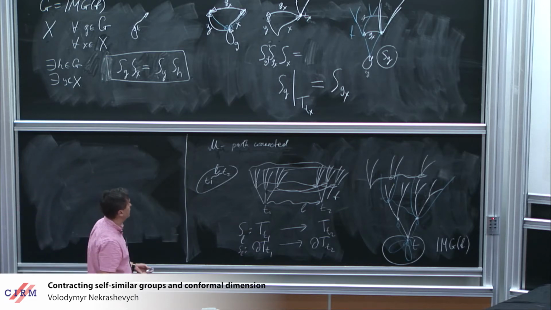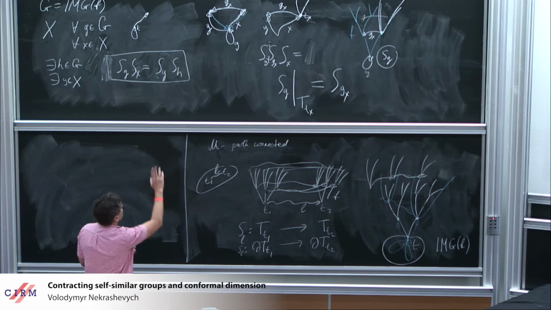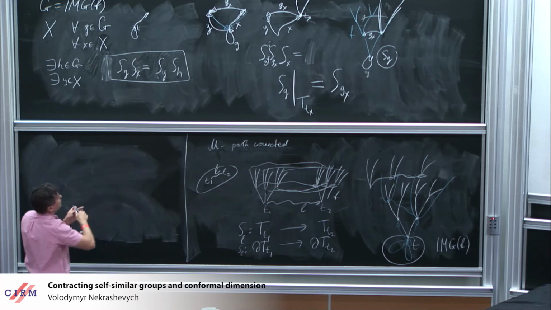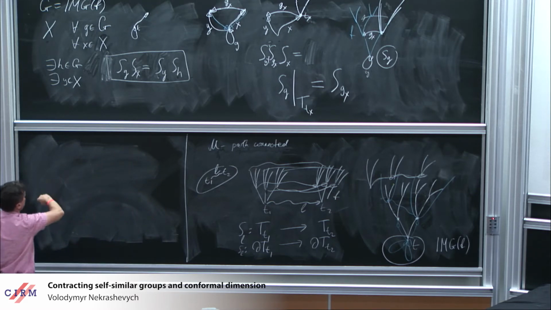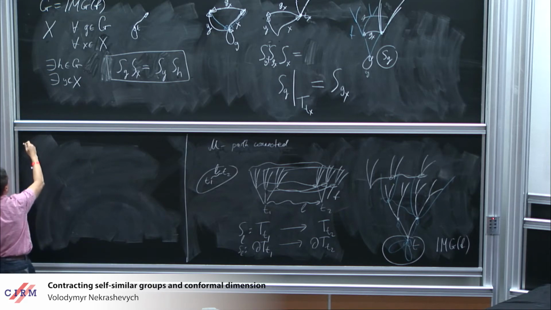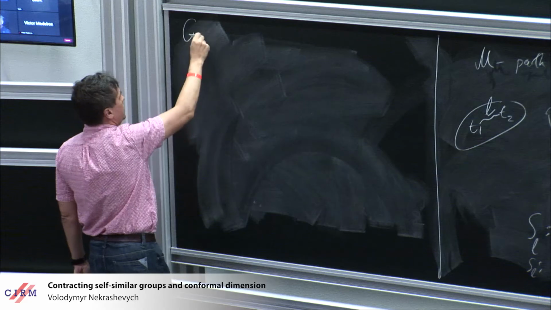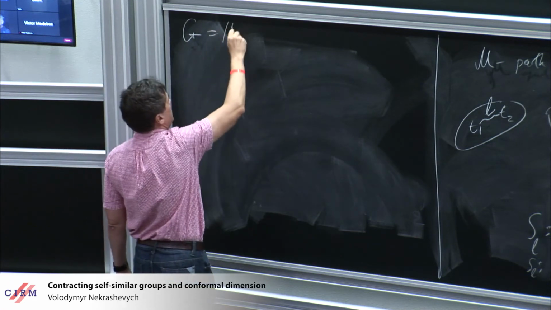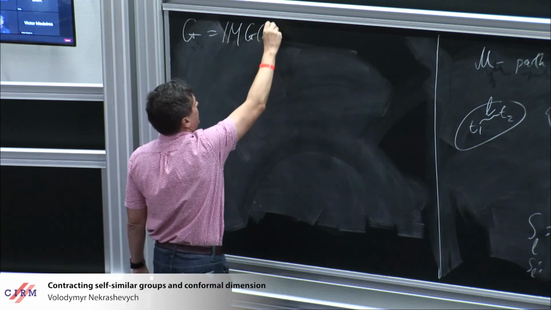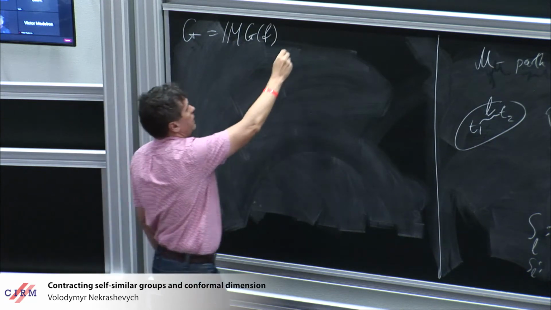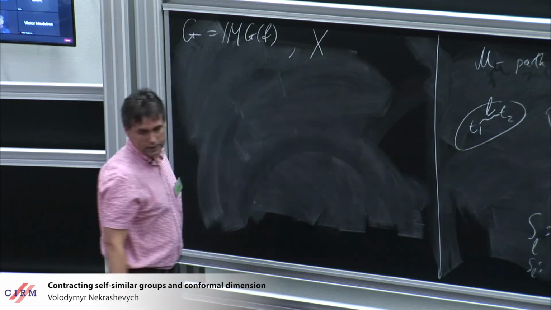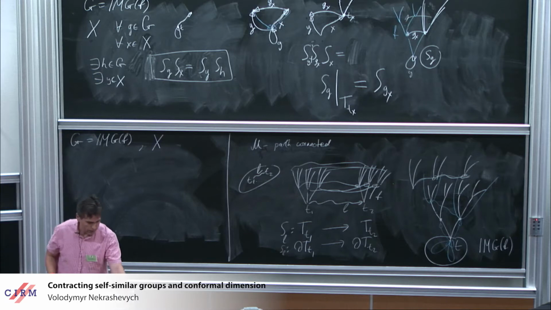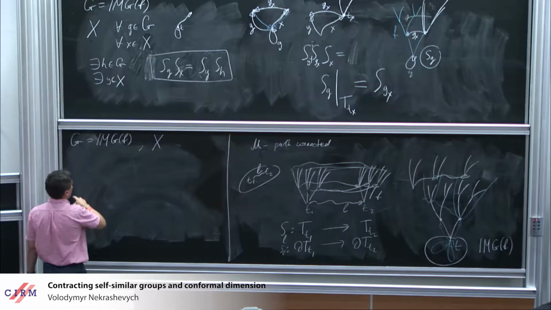But okay, sorry. Let me repeat one more time what I wrote at the end there. We have a self-similar group, which means that there is the iterated monodromy group, the subgroup of this semigroup, which is defined by elements defined by loops. Then there is this set of paths connecting the base point to the preimages.